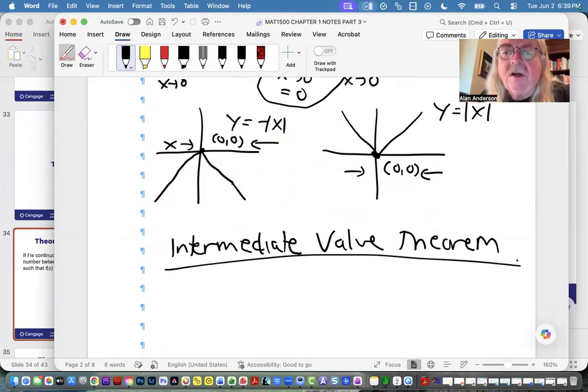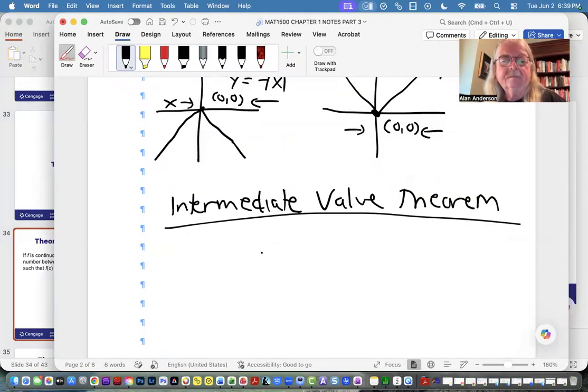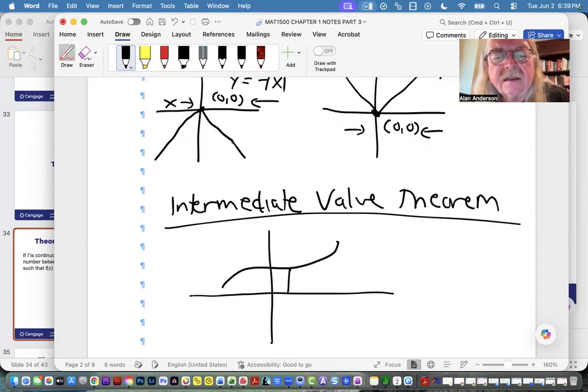So we're defining a function over a specific interval, a to b. It's a closed interval. It could be anything. Let's say it's a to b.